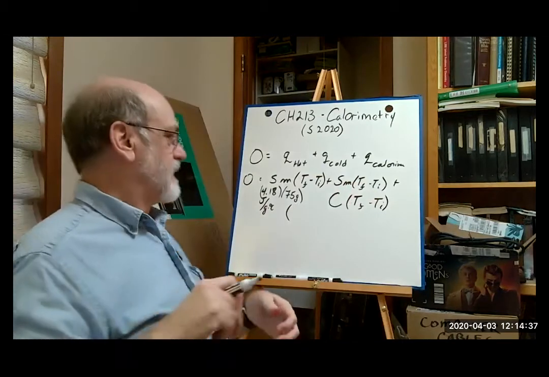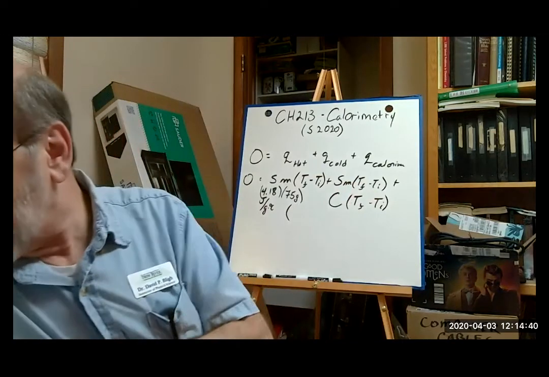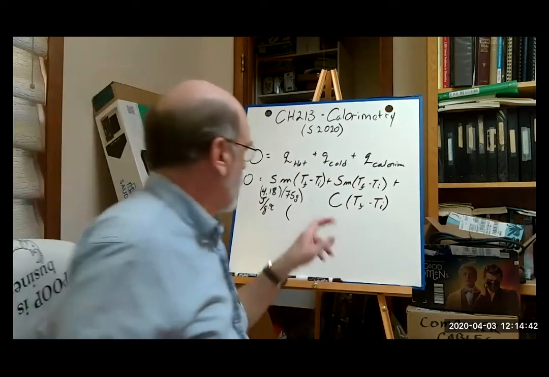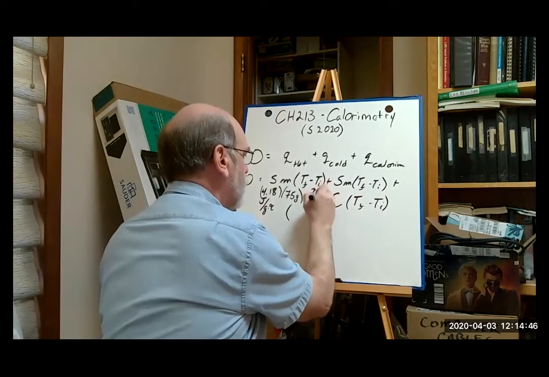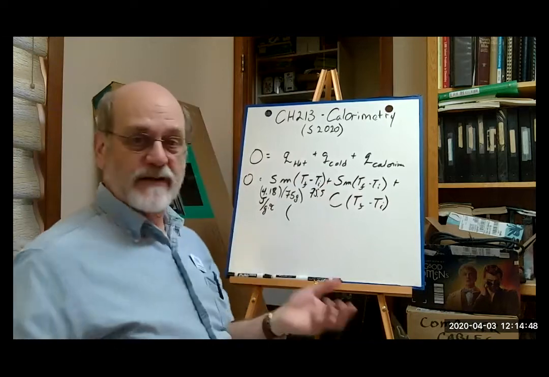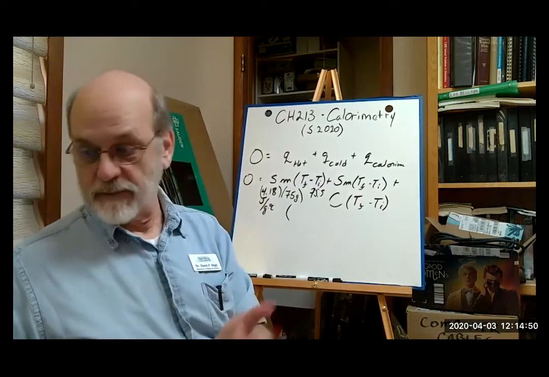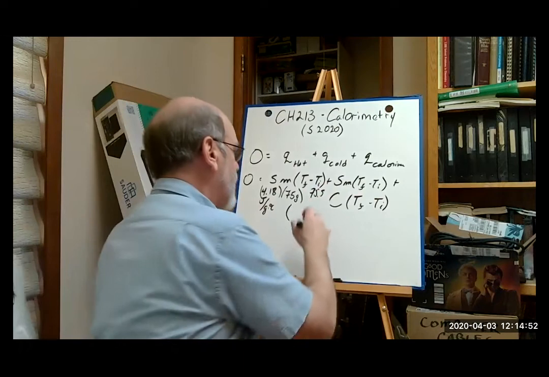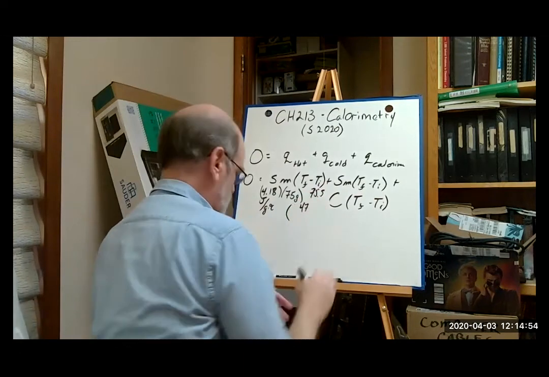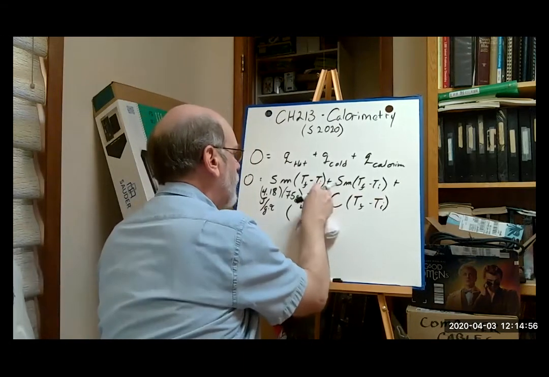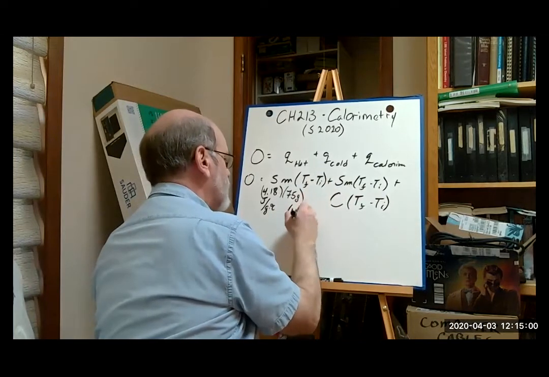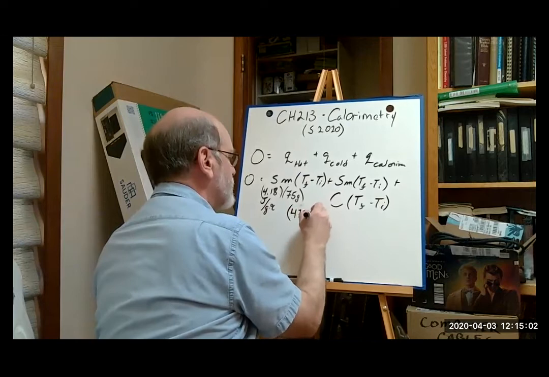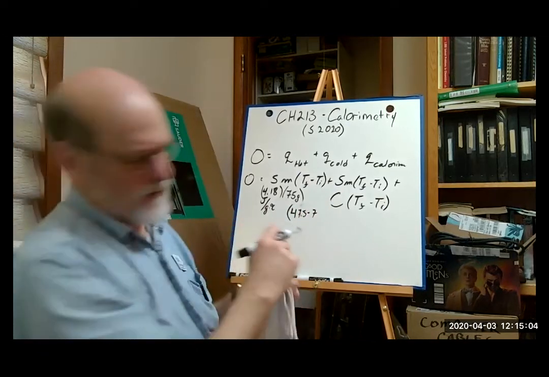Okay. So now we know that the initial temperature of the hot water, right here, was 75.5. And the final temperature is the equilibrium position, which is 47.5. Well, let's see. Let's put it down here. 47.5 minus 75.5.